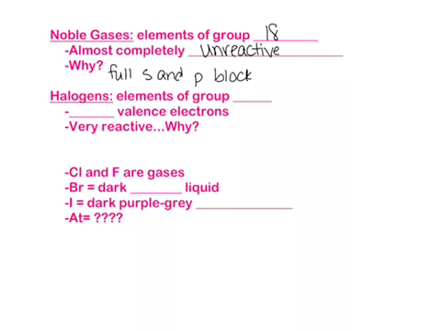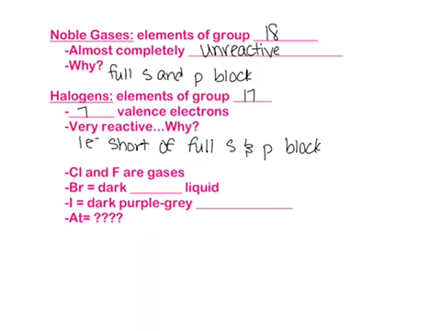The halogens are the group 17, and they have 7 valence electrons. And these are very reactive because they're 1 electron short of that full S and P block. So the halogens want to gain that extra electron.